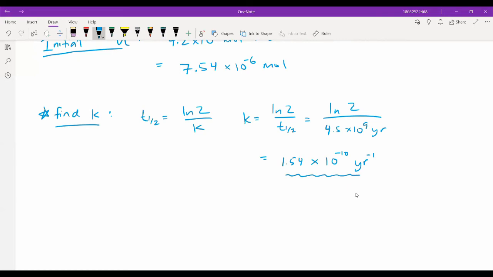And then we can plug it into our rate law, which I'll just write in this way. And then we can solve for our time.